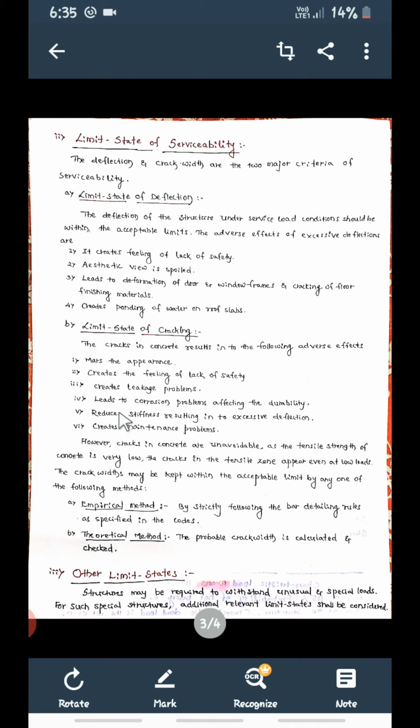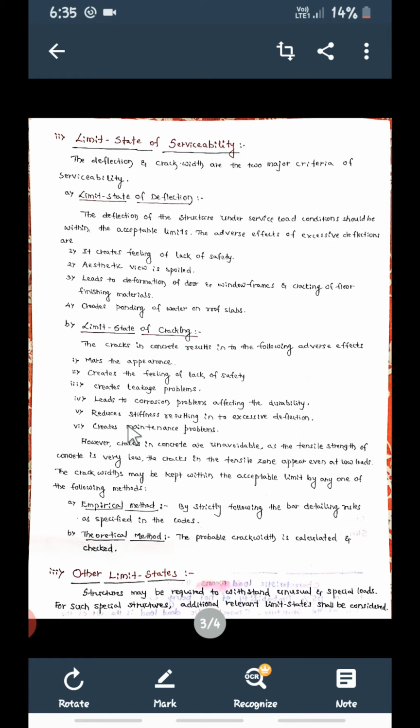When the cracks are formed, the stiffness is reduced. Then next, it creates maintenance problems. If more and more cracks develop in the structure or in the elements, it is very difficult to maintain the building. So these are the problems associated with cracking: appearance is spoiled, lack of safety is felt, and leakage problems occur.